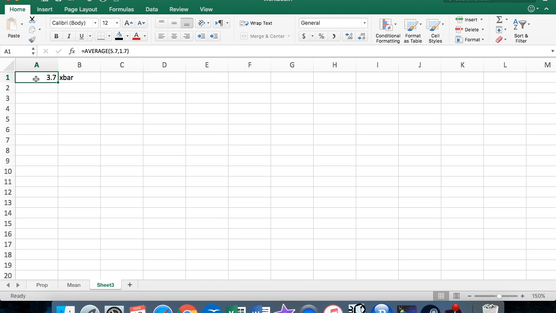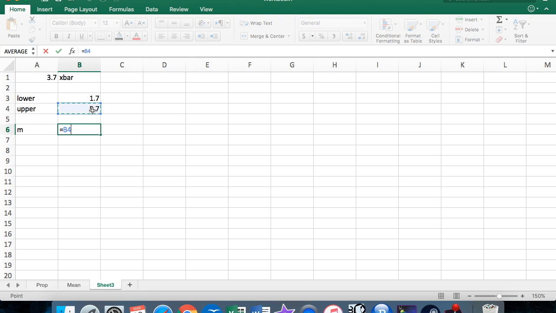Remember that my lower and my upper were 1.7 and 5.7. So if I'm looking for my m, this is all you have to do. Take your larger value, subtract off your x bar, and voila, you have your margin of error m.